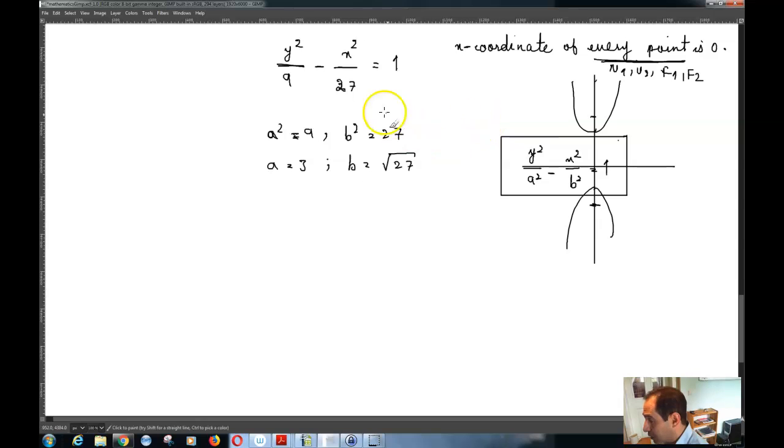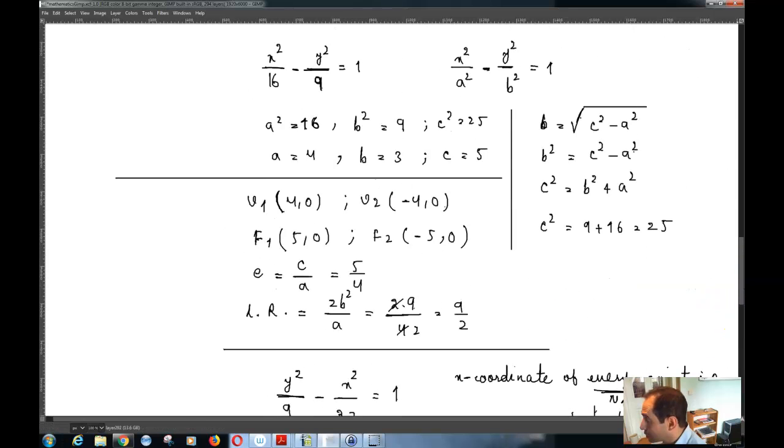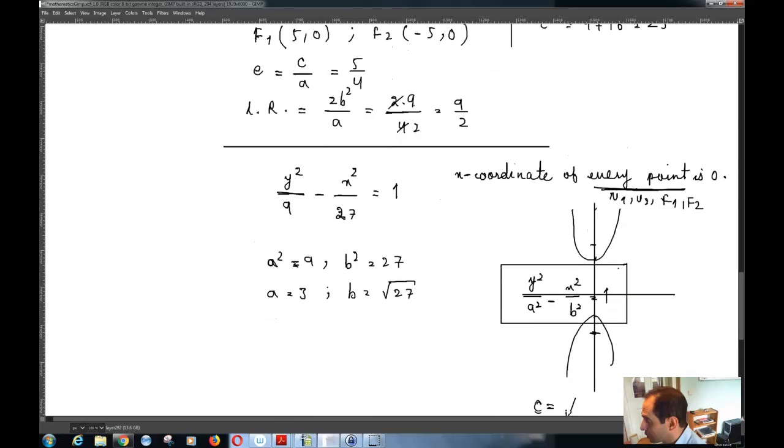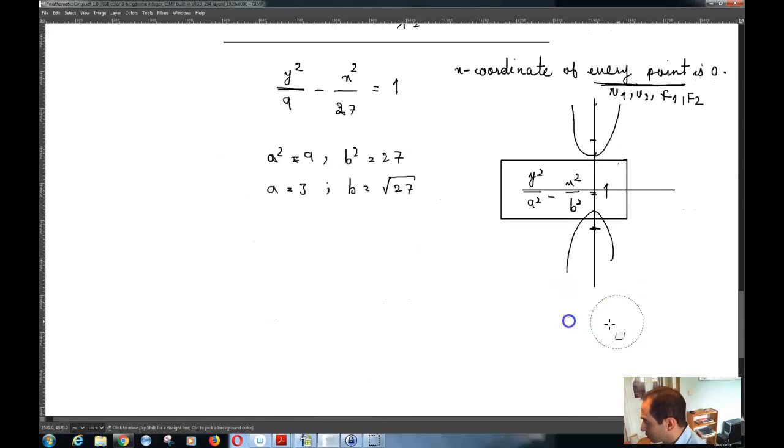Now the only thing that I need to calculate here to get these points and other information that I need is c. So again we said that c is equal to the square root of b squared minus a squared. I'm sorry, that's what I was talking about.